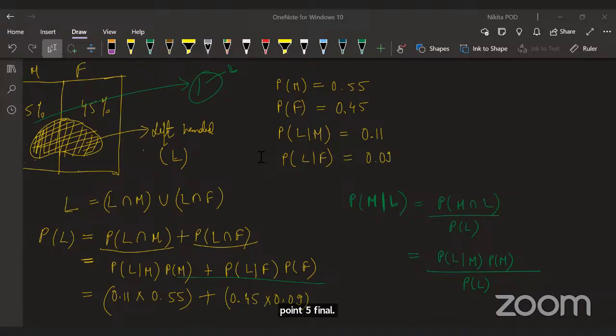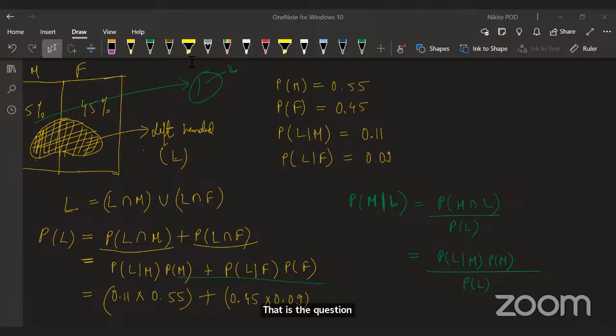No. What is given to you is, given that you have seen it's male, what is the probability that the person is left-handed? Actually, it's the other way around, ma'am. You picked a person, and that person happens to be left-handed. Then what is the probability that that person is male? That is the question.